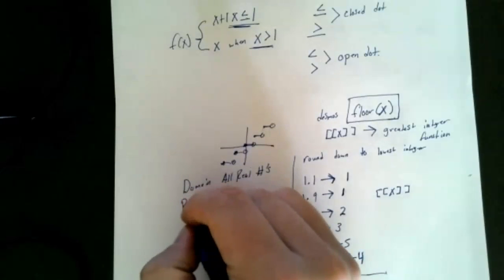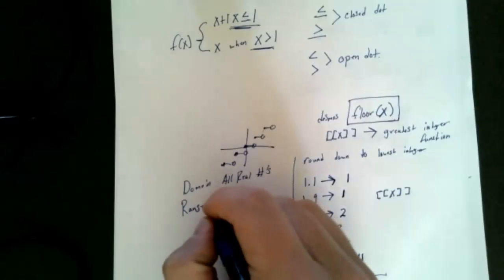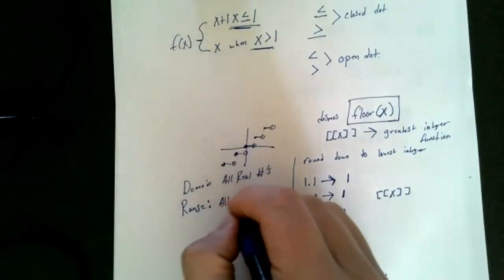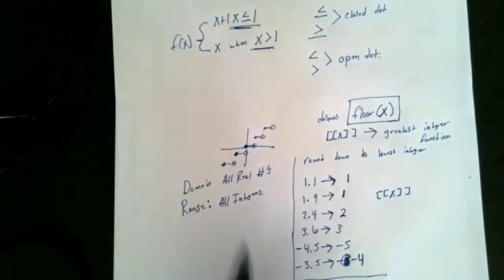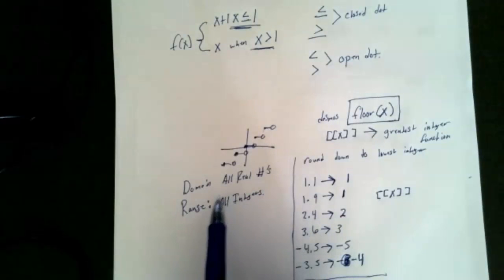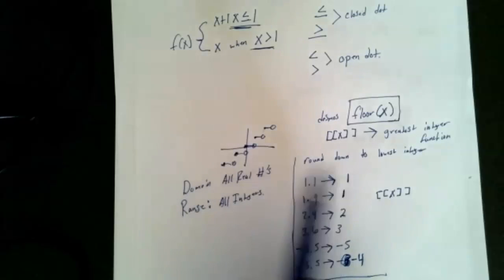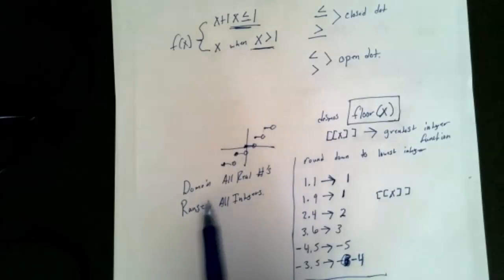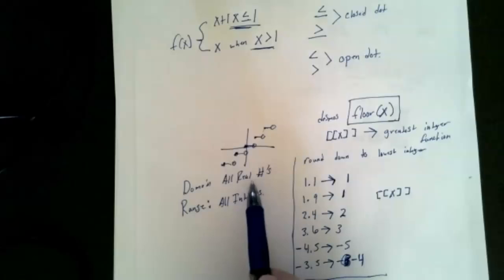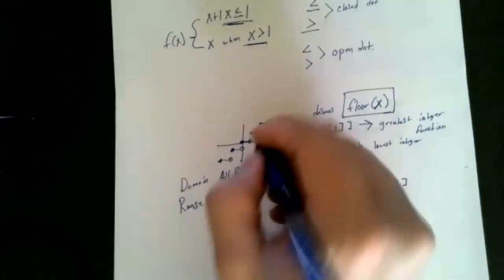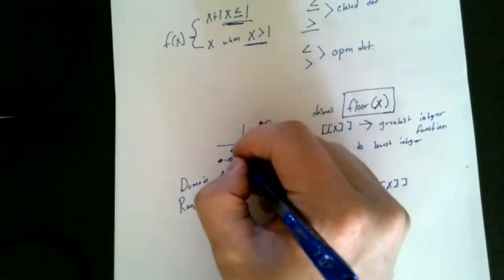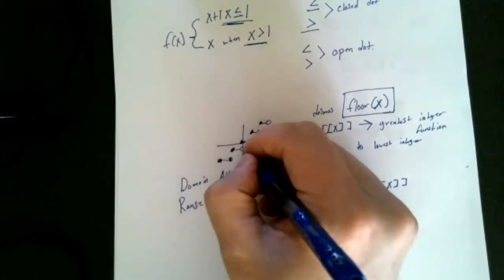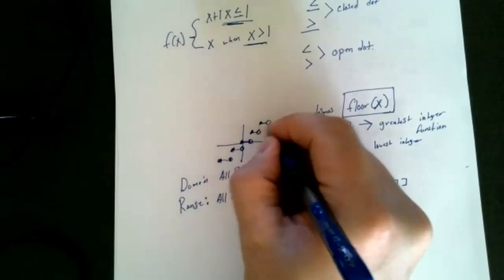The range is all integers. Okay, and that'll change based upon the graph that you're working with. But the domain will always be all real numbers on a step function. Okay, and like I said, Desmos, they don't show the closed circles, whereas on your graphs, you want to have closed and open circles.